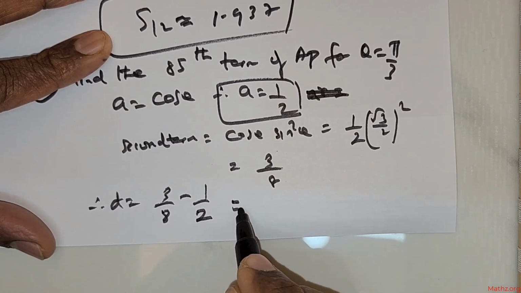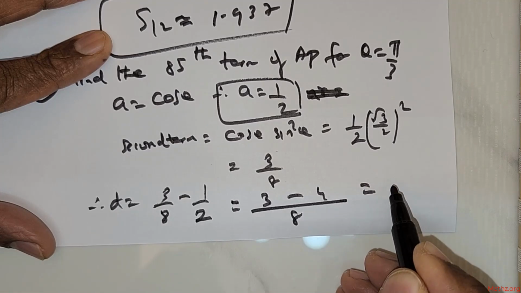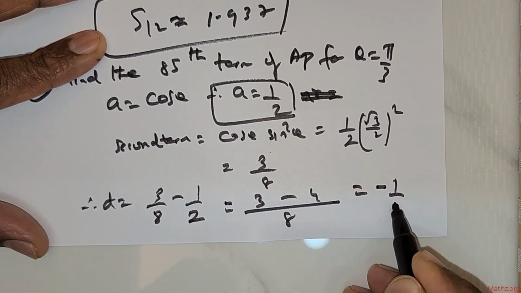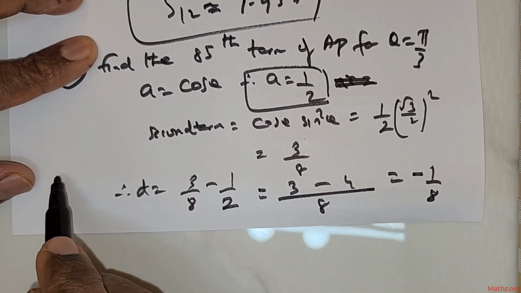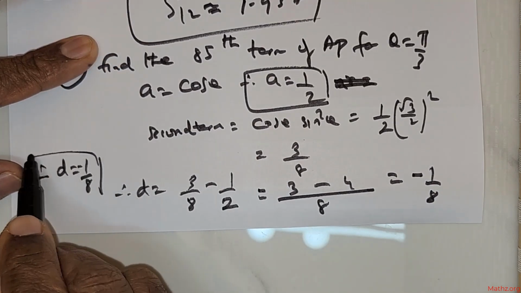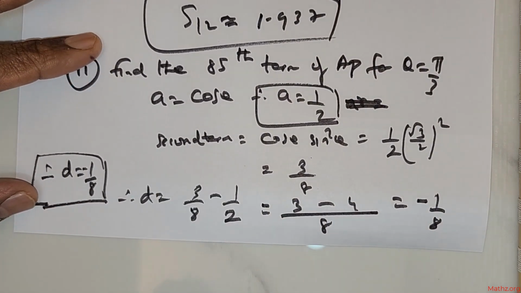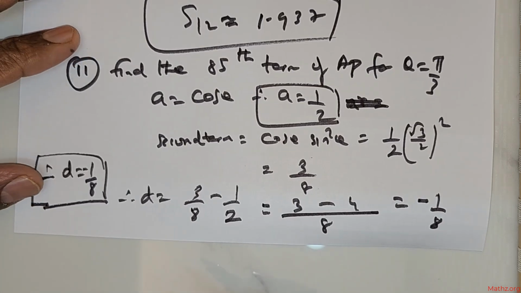If I take the LCM, this is 3 negative 4, which is negative 1 over 8. So this is my d. Let me write that down. So d is equal to negative 1 over 8. Okay, so we got the a value, we got the d value.